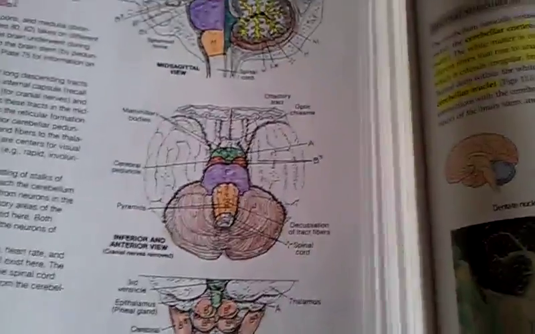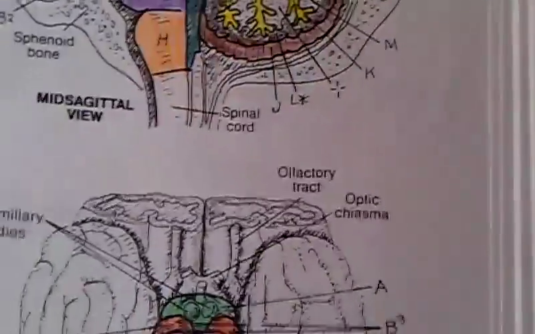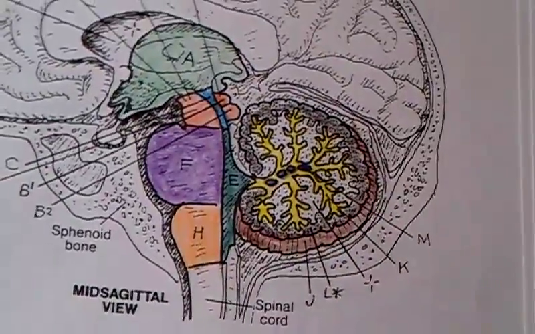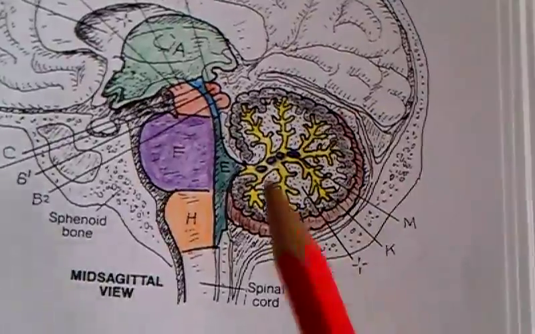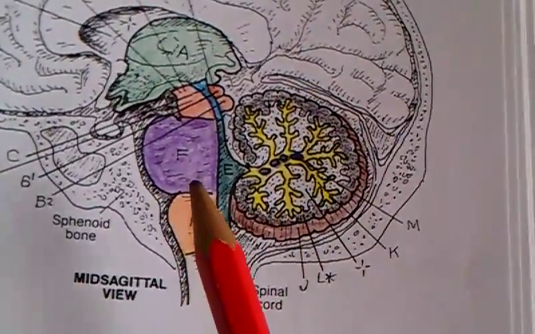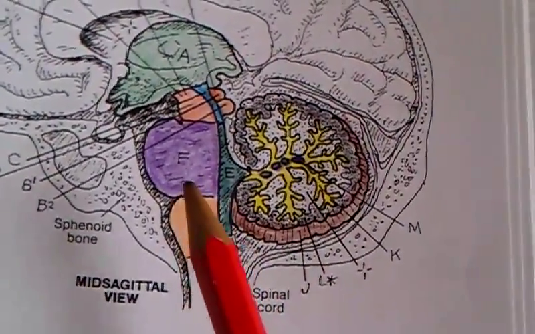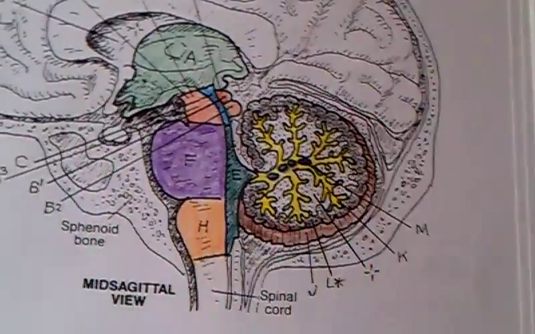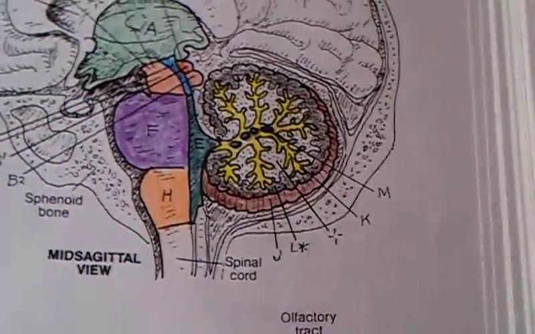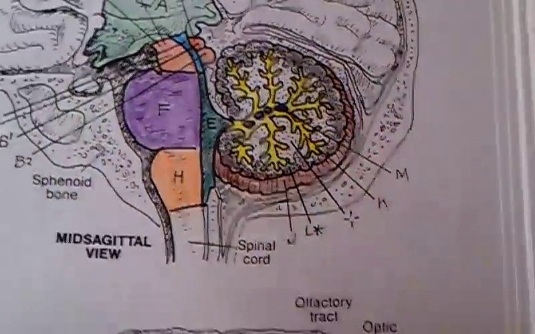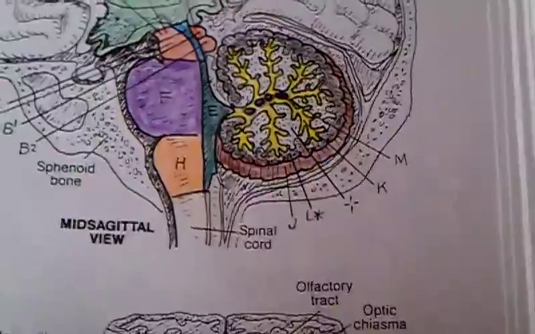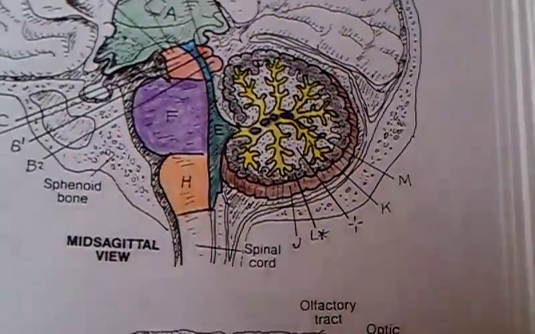Now the afferent fibers, or tracts, the ones that go to the cerebellum. You have vestibulocerebellar tracts that come from the vestibular nuclei and vestibular apparatus in the pons and go to the cerebellum. You have the spinocerebellar tract that goes from the spinal cord to the cerebellum, anterior and posterior spinocerebellar tracts.